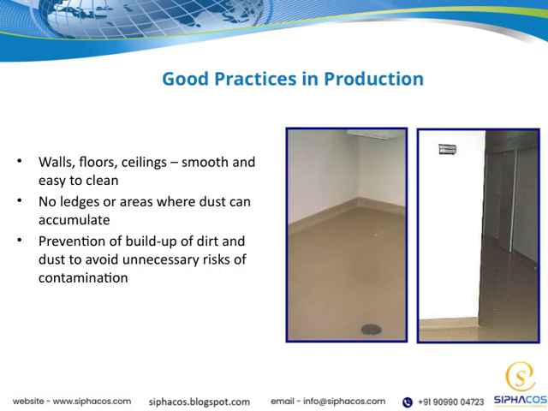When it comes to maintaining a clean and safe environment, the design of our walls, floors, and ceilings plays a crucial role. They should be smooth and easy to clean, which helps us keep the area hygienic and prevents the buildup of dirt and dust. By avoiding ledges or any areas where dust can settle, we reduce potential hiding spots for contaminants.